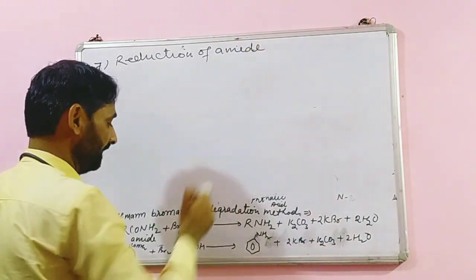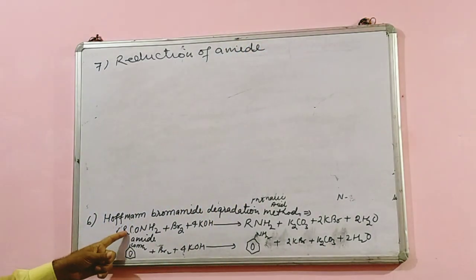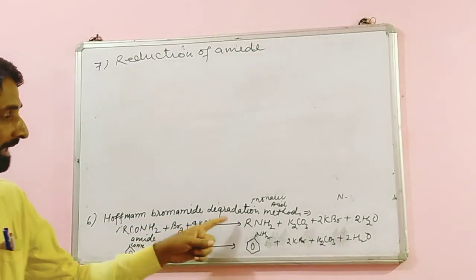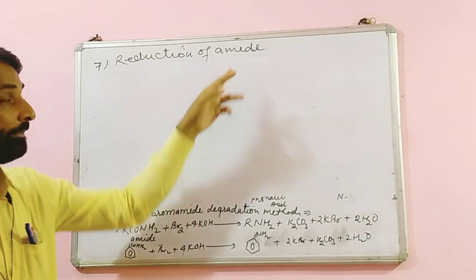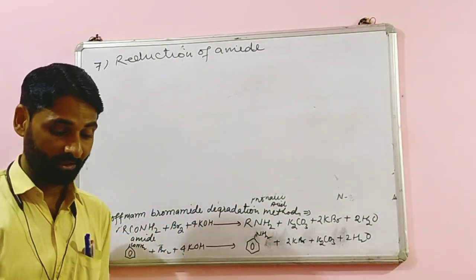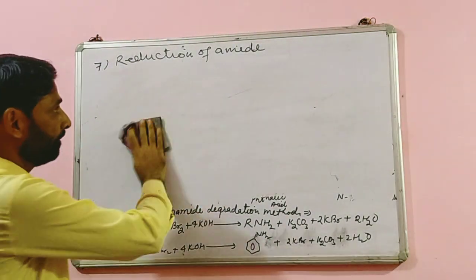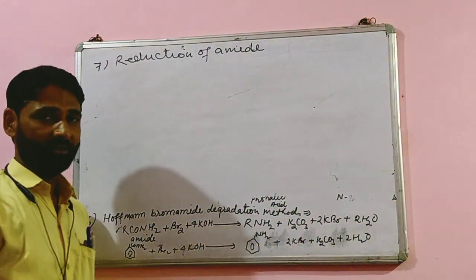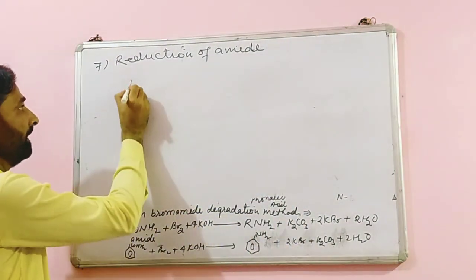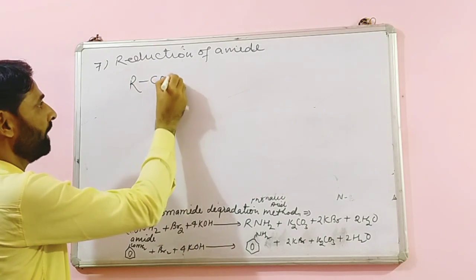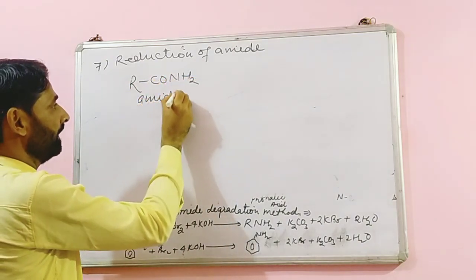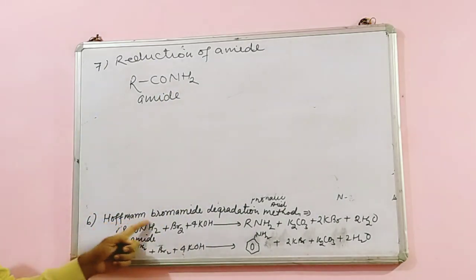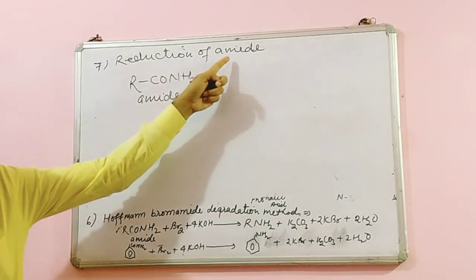Similarly students, this is an amide, but this is the Hofmann bromamide degradation, but simply if we reduce the amide, meaning the compound contains CONH2. So if we take any amide, general reaction, suppose that we write RCONH2, you know that this is amide. This is Hofmann bromamide, but this is the reduction of amide only.